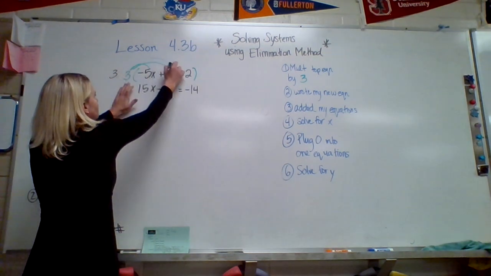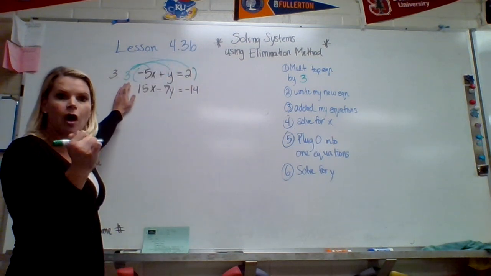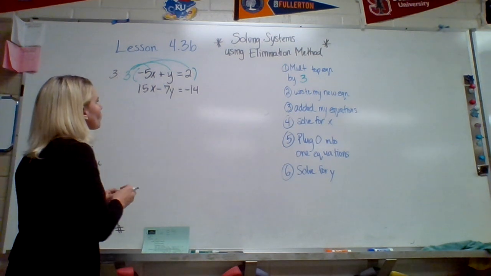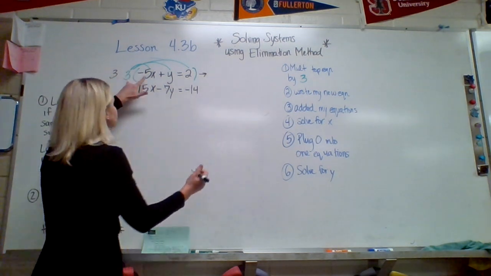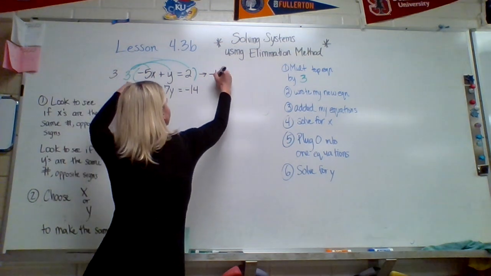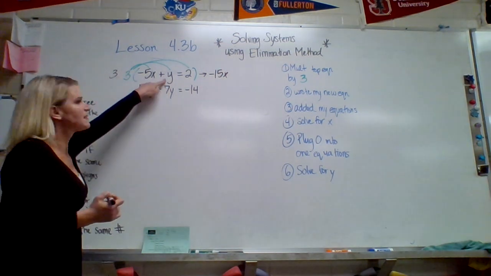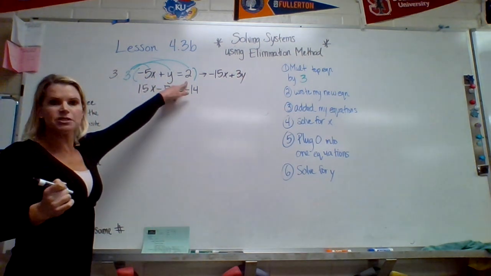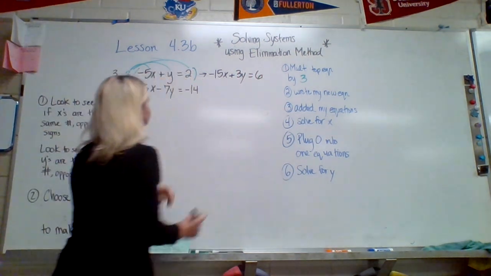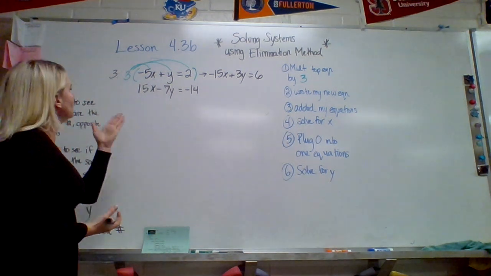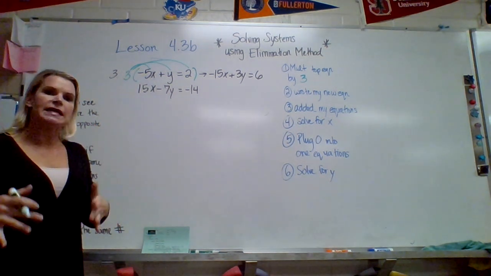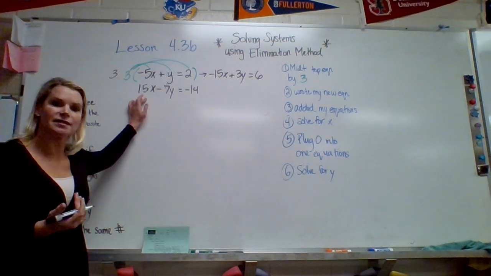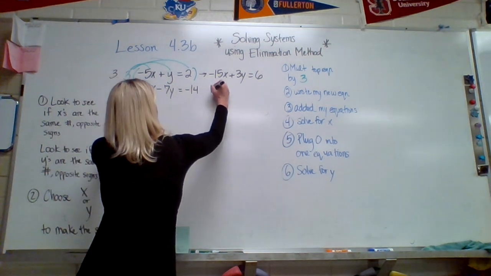So if this helps you to draw the lines, I'm going to have my two new equations be 3 times negative 5x, negative 15x, 3 times y, plus 3y, and then 3 times 2, 6. So that looks great. Bottom equation, I don't need to change. Well, it has a 15x, and so that means that it's going to cancel out. So I'm going to rewrite it.